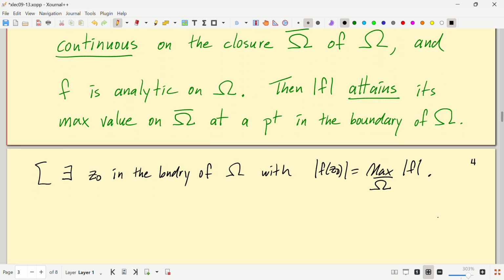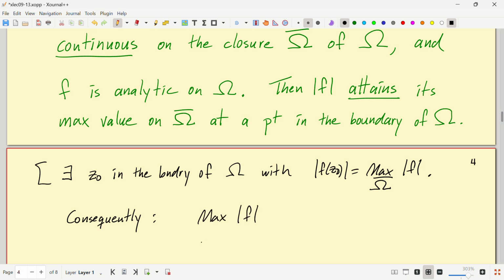And consequently, one way to say the maximum principle is that the max of the modulus on omega closure is equal to the max of the modulus of f on the boundary.